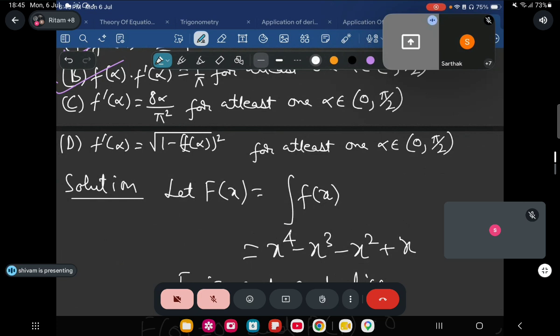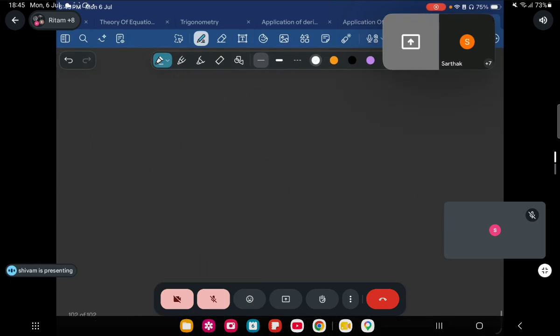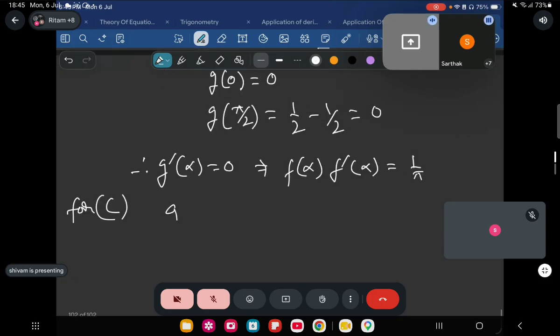Alpha minus 8 alpha square by 2 pi square? Are you sure? Think properly. 4 alpha square by pi square. Correct. So g of x is equal to f of x minus 4x square by pi square.